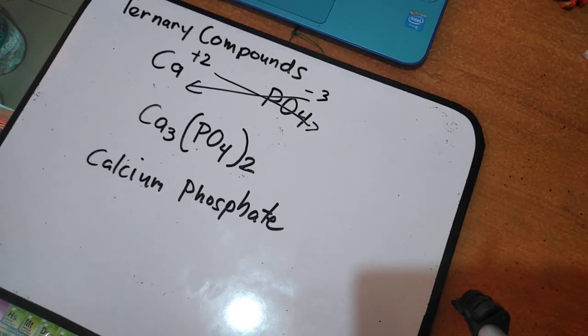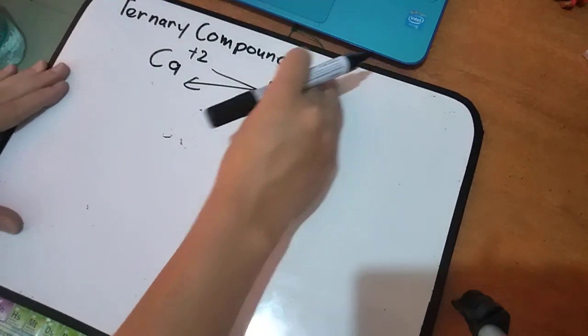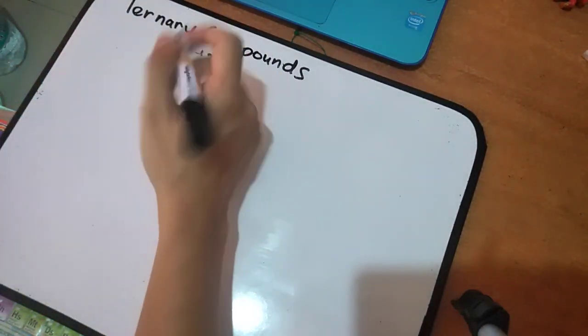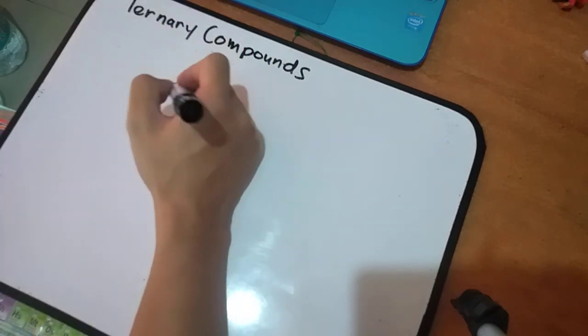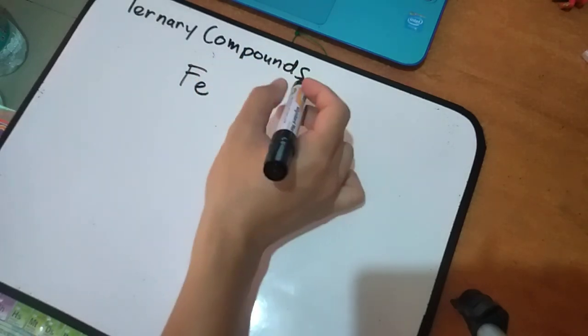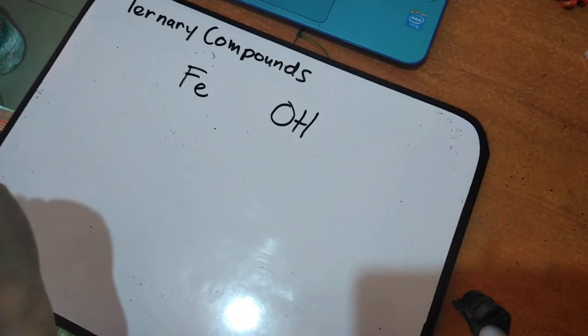So let's try to see this one. Another example. Let's have this one. Let's combine iron and hydroxide.